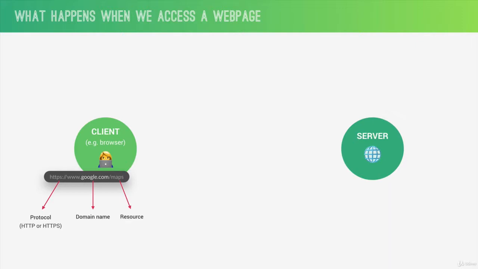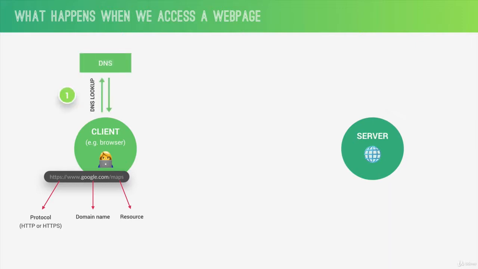Now, what you need to know here is that the domain name, like google.com, is not actually the real address of the server that we are trying to access, but just a nice name that is easy for us to memorize. So we need a way of kind of converting the domain name to the real address of the server. And that happens through a DNS.